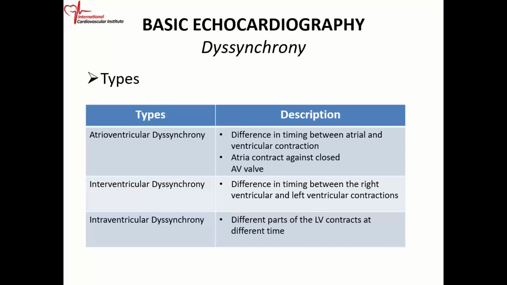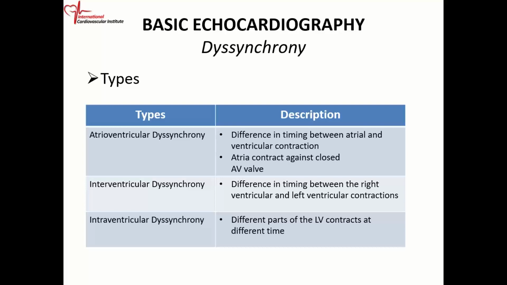Okay, so remember when we look at constrictive pericarditis, they're interdependent. And if you remember the septum moving from one side to the next, depending on which ventricle is contracting. So everything about the heart is supposed to be coordinated.